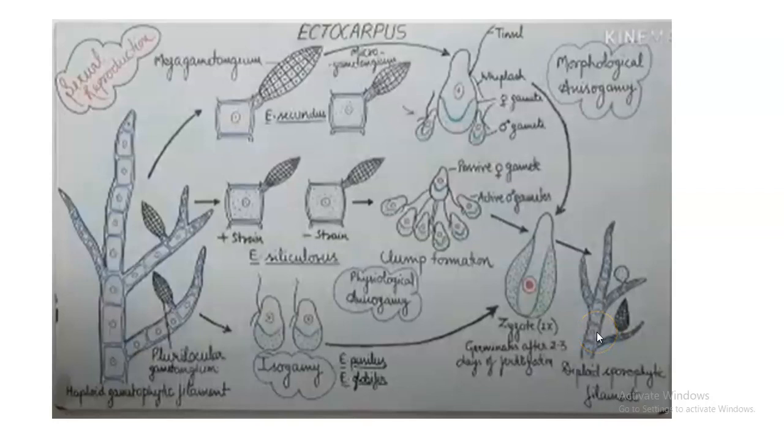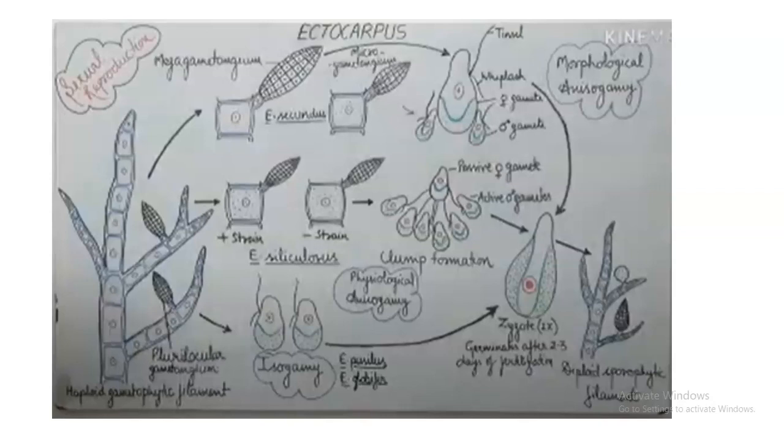Now this sporophytic filament will have two kinds of sporangia. One is unilocular sporangia, the other is plurilocular sporangia. What kind of spores will the plurilocular sporangia form? It will form either meiozoospores or mitozoospores. Just imagine, the plurilocular sporangia is a diploid sporangia.